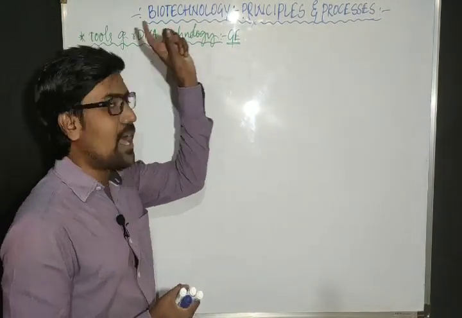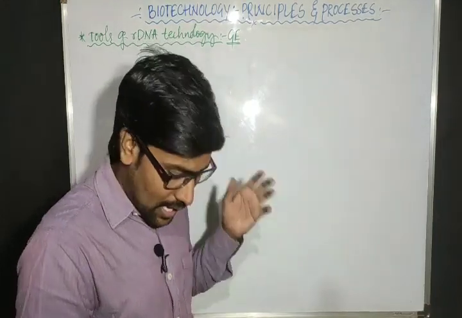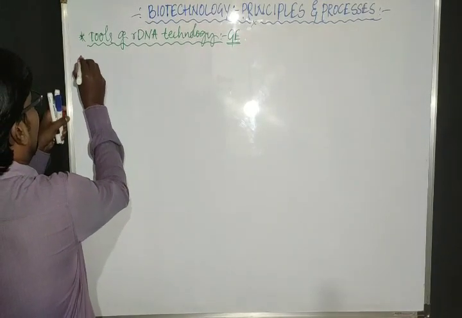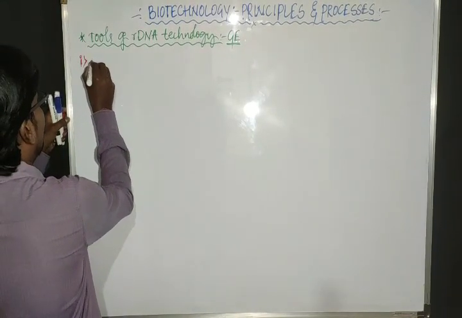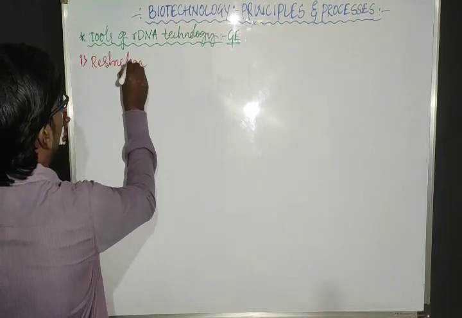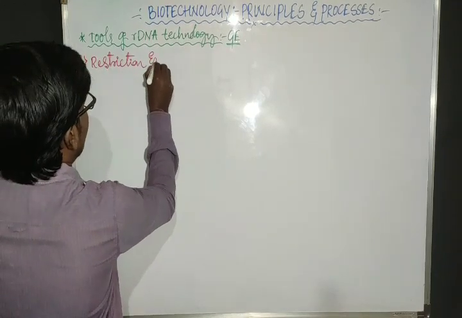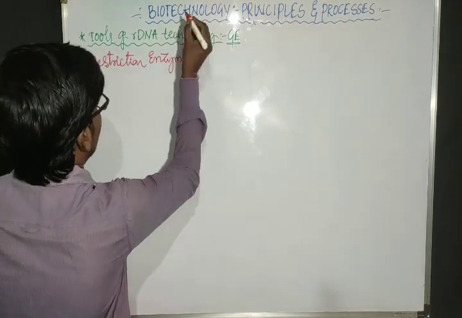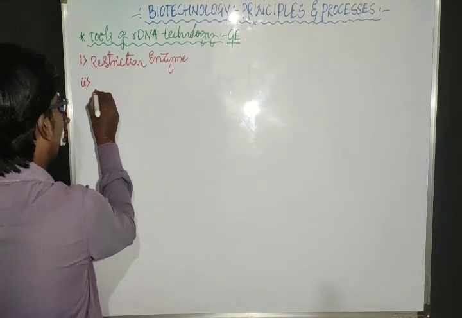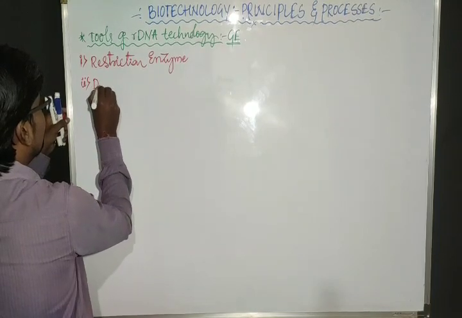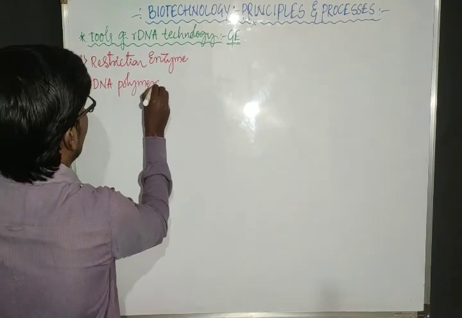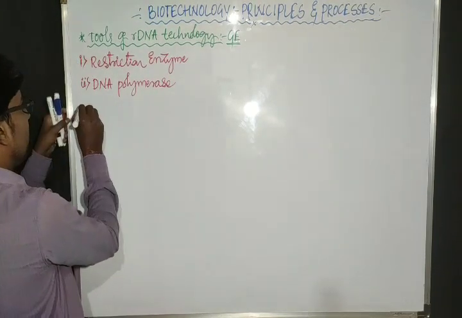Now we have to construct that rDNA. So for construction of the rDNA, what are the tools we require here? The first tool, restriction enzymes. Second tool, DNA polymerase enzyme.